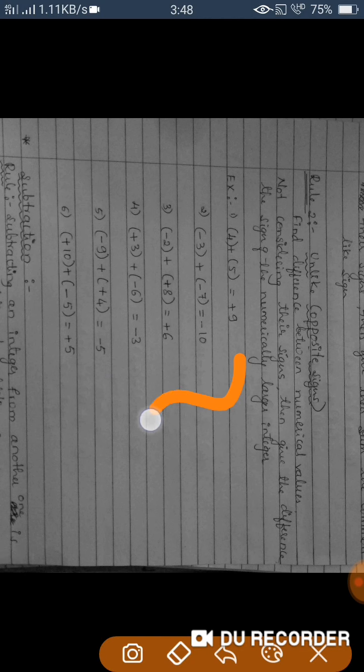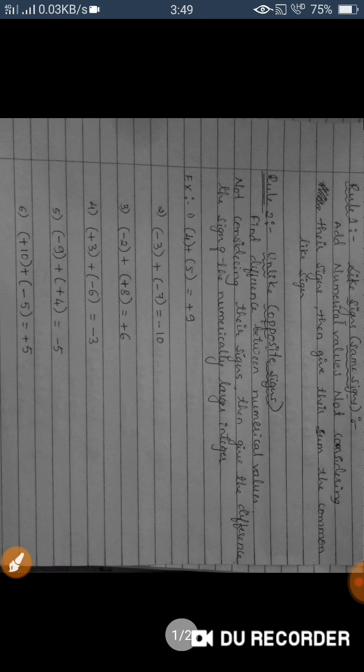So we can continue with rule 2, when unlike signs are there. That means one is positive, one is negative. What can we do at that time? If both have opposite signs, if one is positive and one is negative, how can we do the addition? See all the examples which have an addition sign between the terms. So keep it in mind always. See the second rule.